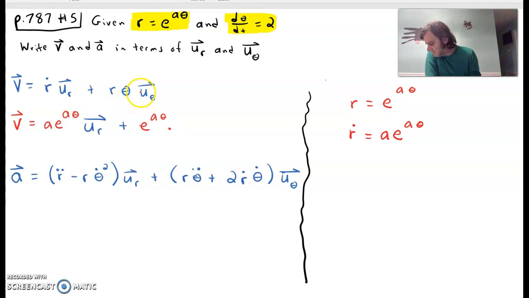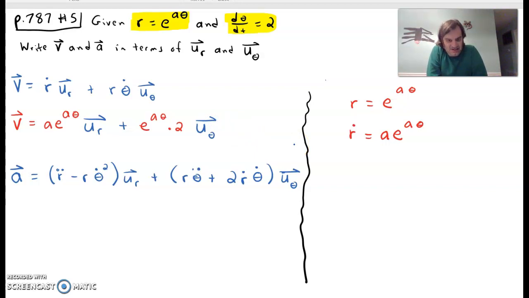That is supposed to be theta prime, I believe. Yes, let me fix that. Sorry. So that means I should have a 2 here, which I could bring out front. But that'll be times the unit theta vector. Okay, so that's our velocity vector.